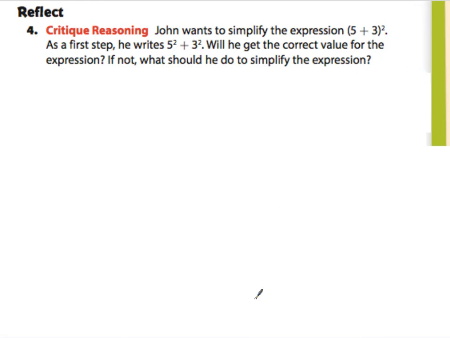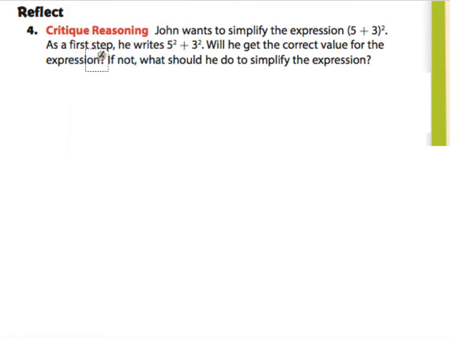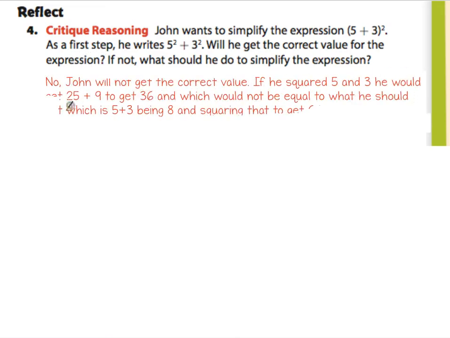All right, you should have come up with the fact that he would not get the correct answer. And the reason is that if you actually map it out, 5 squared is 25, plus 3 squared is 9, which only gets you to 36.